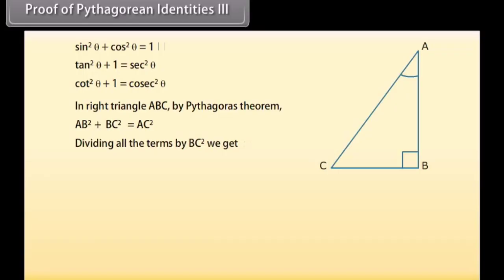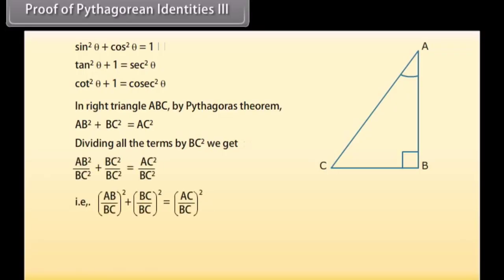Dividing all the terms by BC square, we can write it as AB upon BC whole square plus BC upon BC whole square is equal to AC upon BC whole square. That is, cot square A plus 1 is equal to cosec square A.